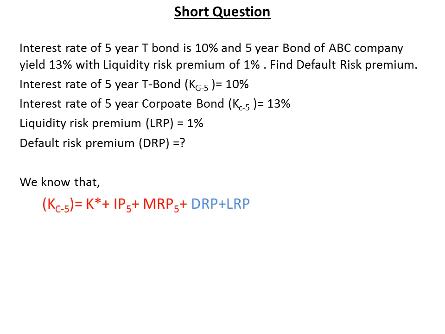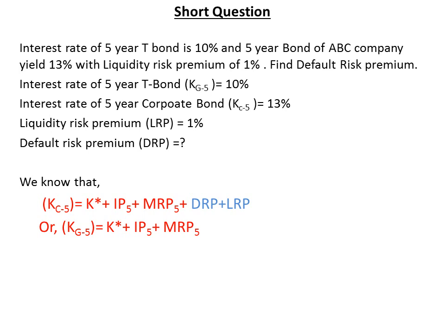We know that KC5 equal to K star plus IP5 plus MRP5 plus DRP plus LRP. Now have a look. KG5 equal to K star plus IP5 plus MRP5. These three elements are the same in KC5.